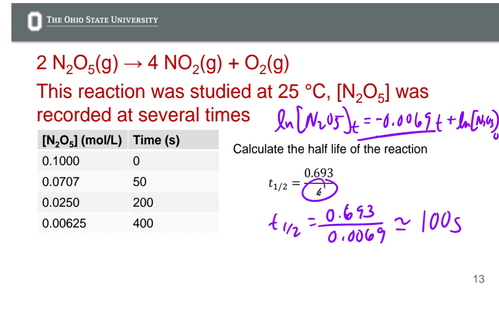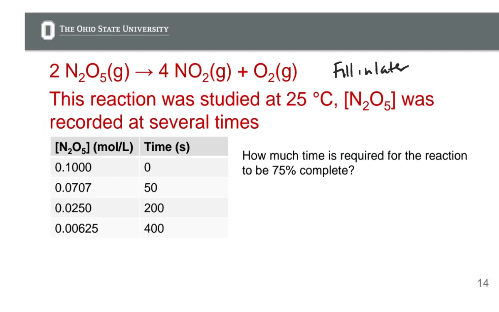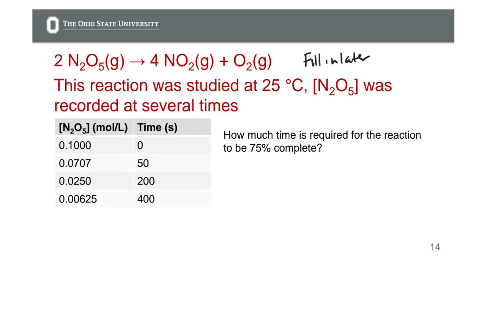One more before we go, because I want to show you this one. Remember that I said that half-life is just a special circumstance of an initial concentration: you're at half the initial concentration. What if we want the reaction to be 75% complete?